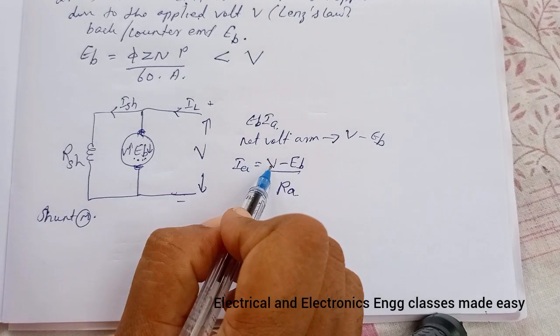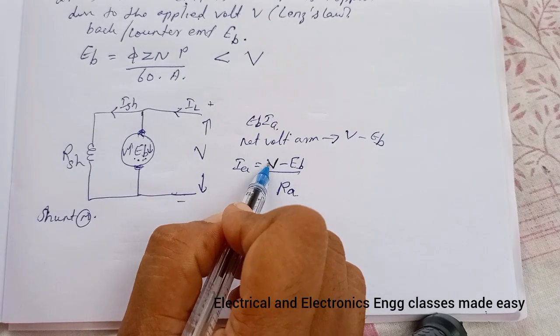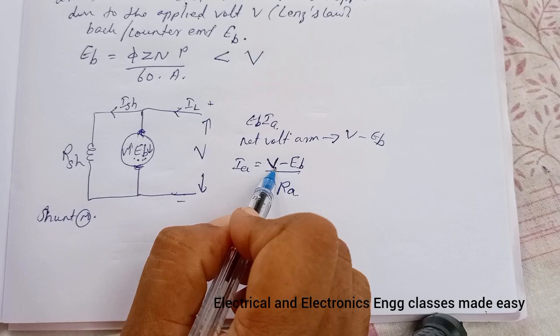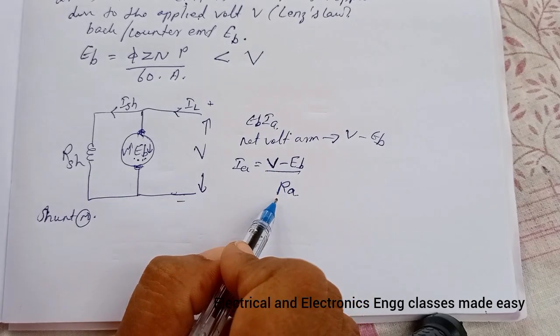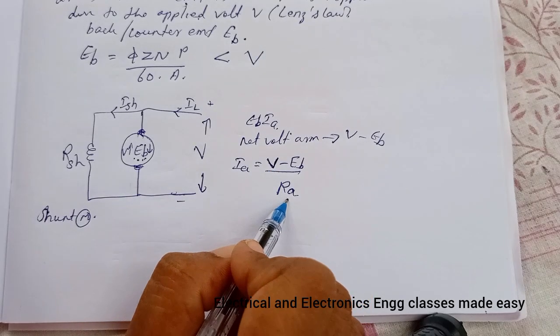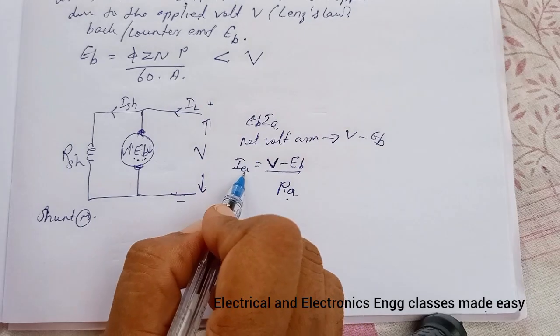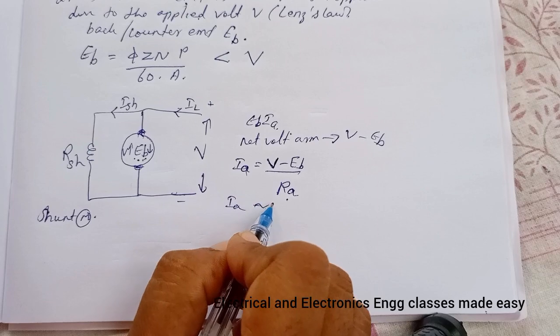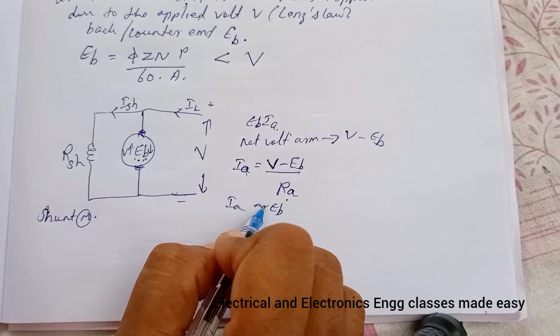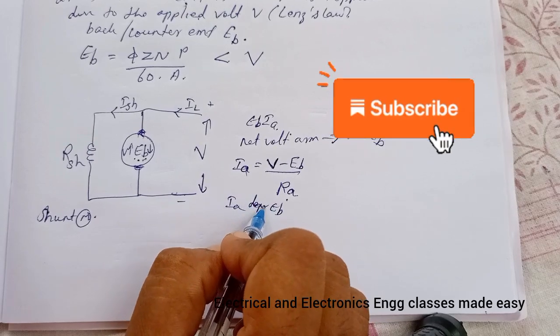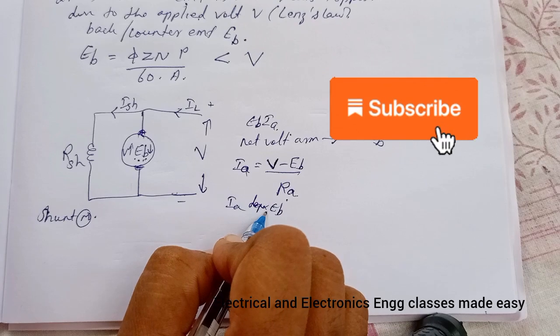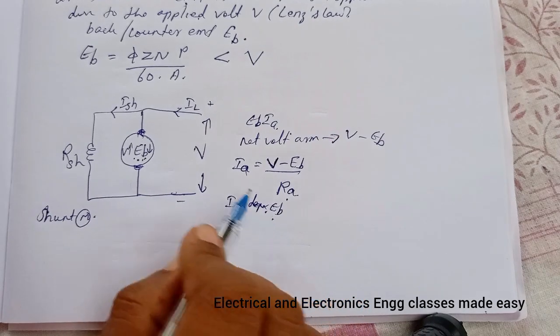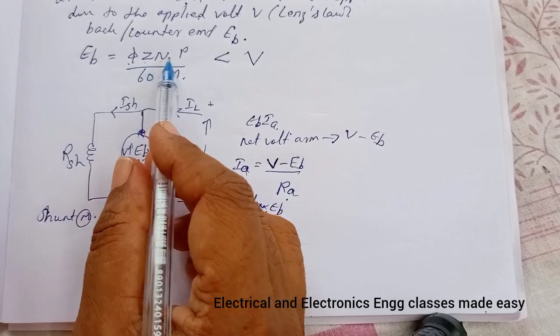And here this V, that is the applied voltage V, and armature resistance are fixed, and hence IA depends on EB.